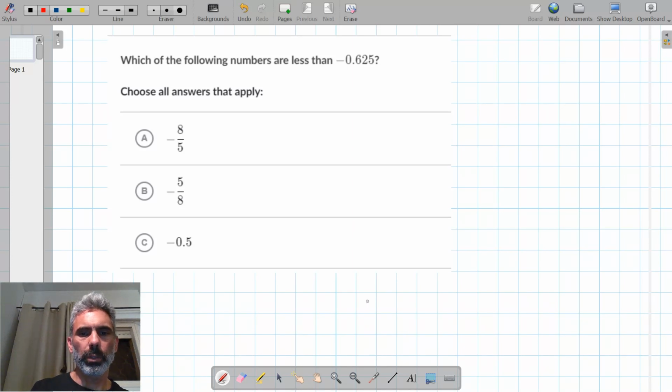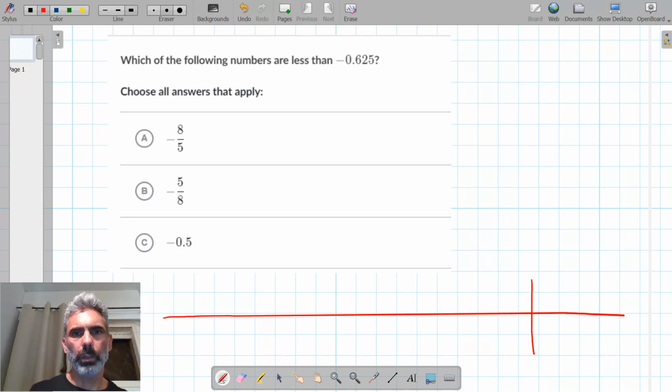Okay, let's see what is the quickest way to do it. So I have a number line. All the numbers are negative. So let's say there is no number that is greater than 2, and minus 8/5 is the greatest number on the left because it is greater than 1 on the number line, which is minus 1 and 3/5.